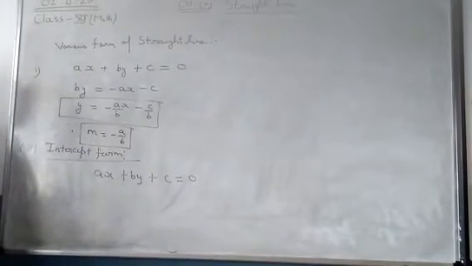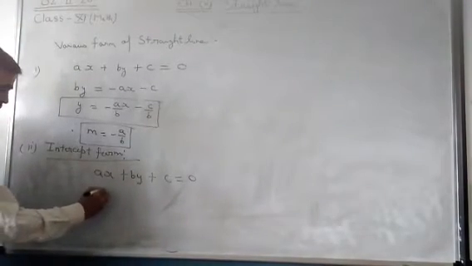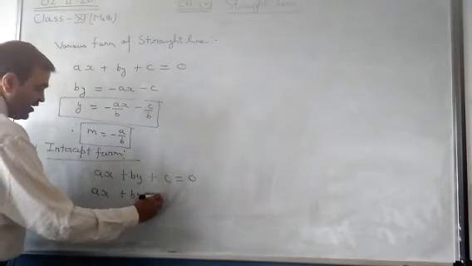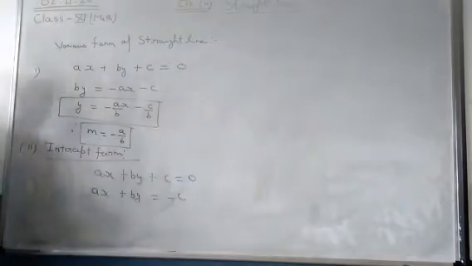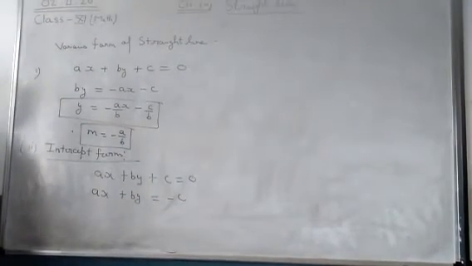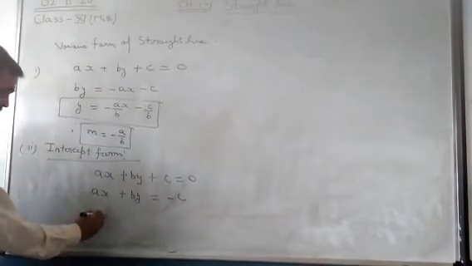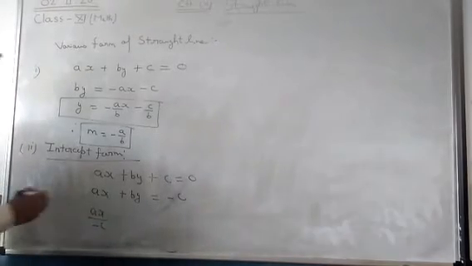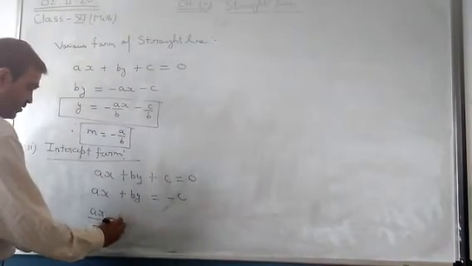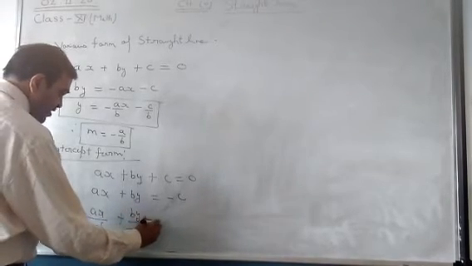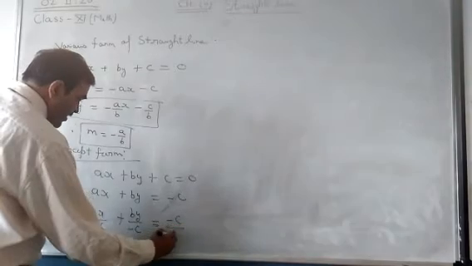This equation can be written as ax plus by is equal to minus c, dividing both the sides by minus c. So we have ax upon minus c plus by upon minus c is equal to minus c divided by minus c.